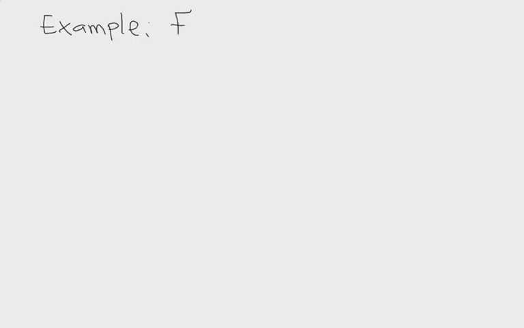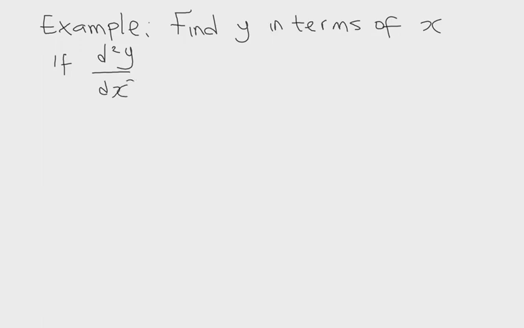Now find y in terms of x. d squared y over dx squared is equal to 6x minus 4.